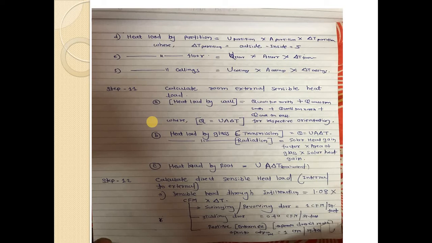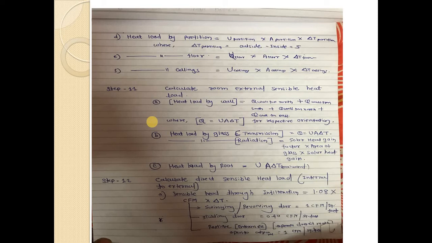You must consider only one, because in the earlier step you already defined the orientation of the building. On the basis of that you have to select the Q value for a particular direction. If the building is situated in the south direction, you must consider only south, so there is no need to consider the other Q values.